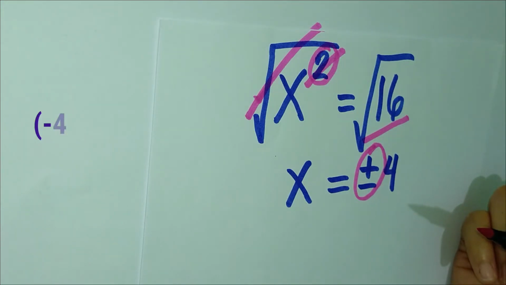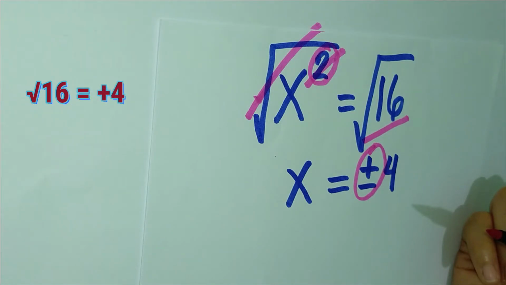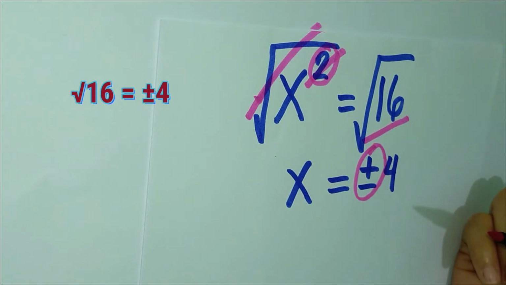The same as if you multiply negative 4 to itself, right? Multiplication of like signs gives a product of positive. That is why the square root of 16 could be either positive 4 or negative 4, or it could be written as positive or negative 4.